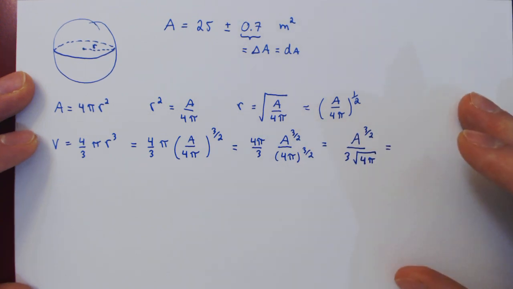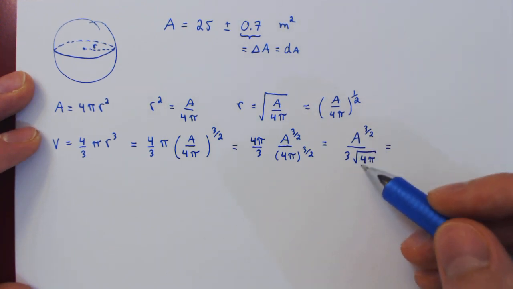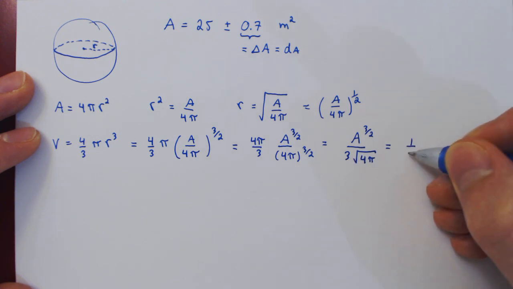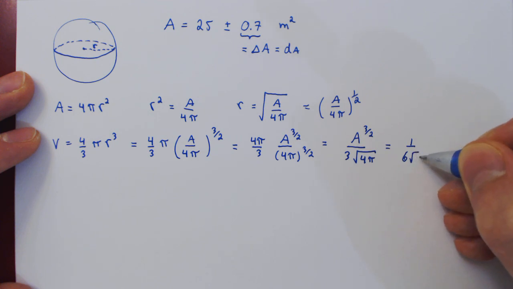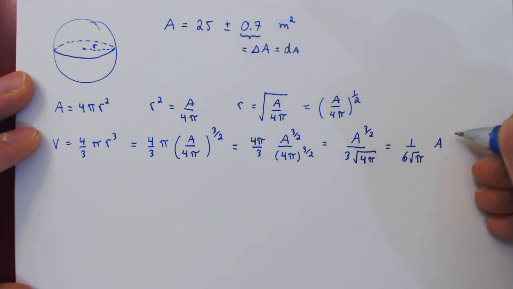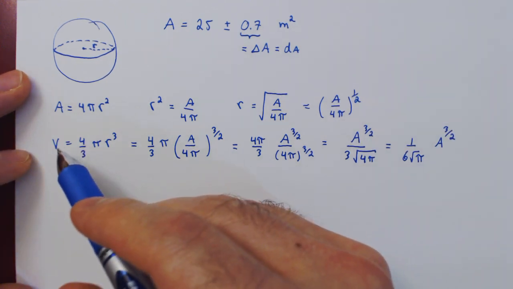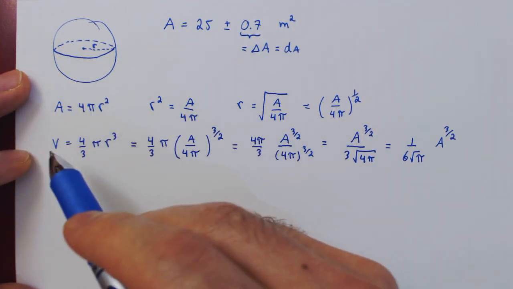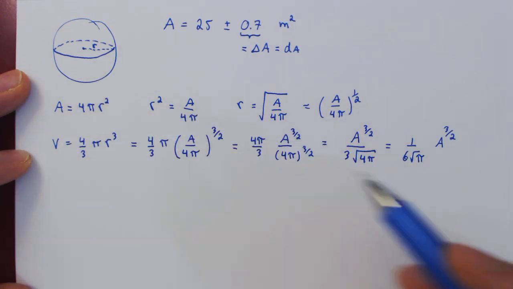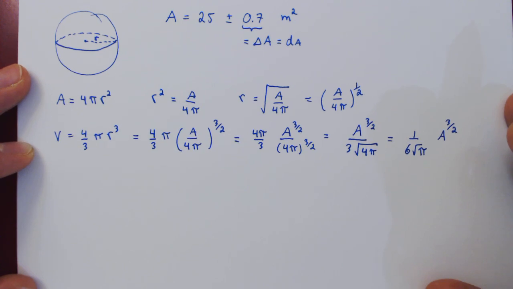And let's do one more simplification. So root of 4 is 2 times 3 is 6. So we have as a constant multiple 1 over 6 root of pi, then times the power of A. And now we have expressed the volume of the sphere as a simplified function of the surface area of the sphere, and so now we're good to go.